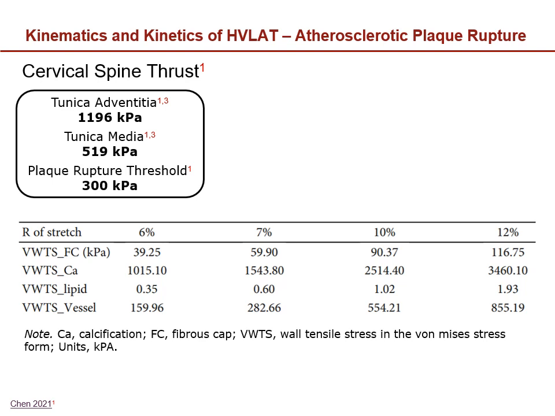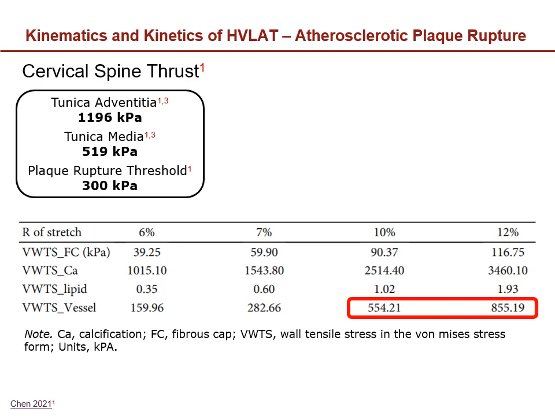Now you'll notice that the highest values are with the calcification, but this is still below the threshold for the risk of rupture within the calcification portion of the plaque. That being said, the values that do come close to increasing the risk of the rupture of the plaque would be that of the vessel, specifically of the media and the adventitia underlying the plaque.